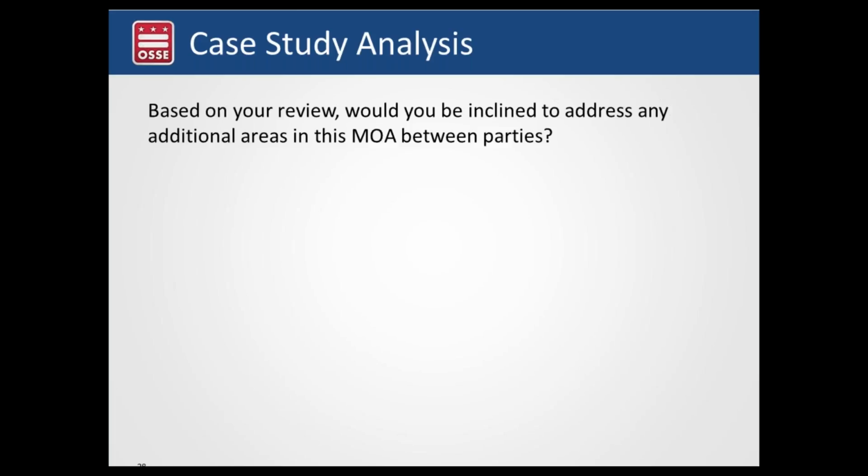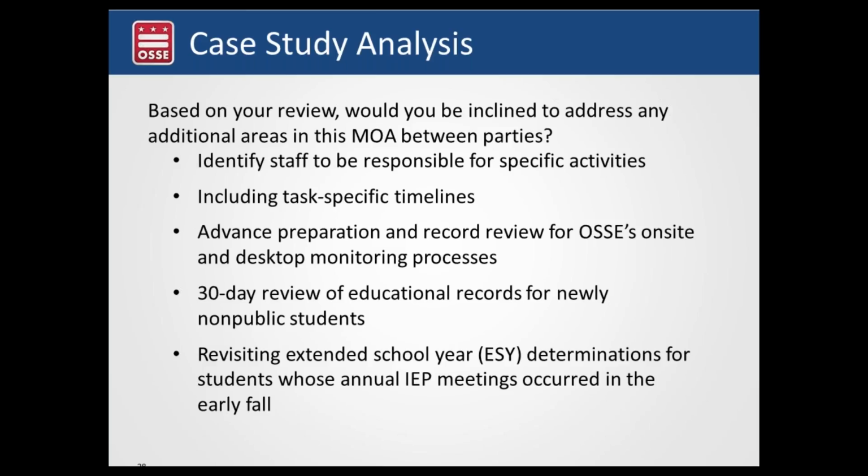And based on your review, would you be inclined to address any additional areas in this MOA between the parties? So for example, you might want to identify the staff who are responsible for the specific activities, including task-specific timelines.